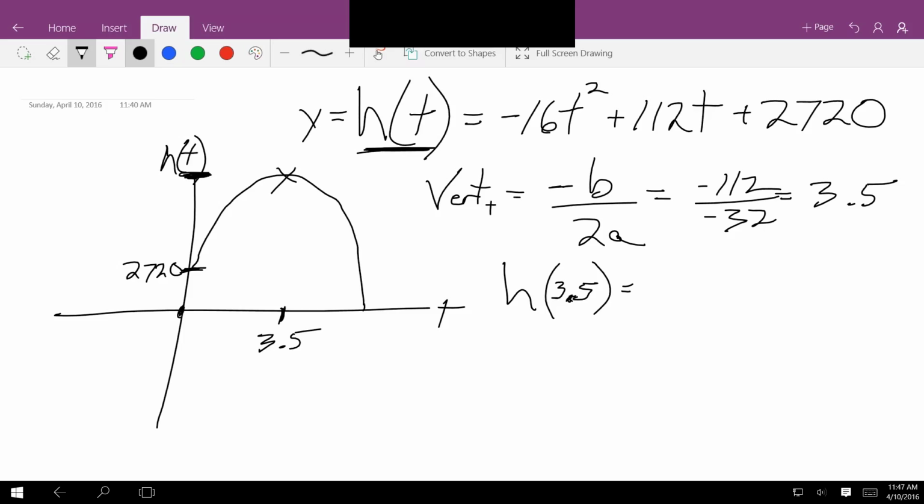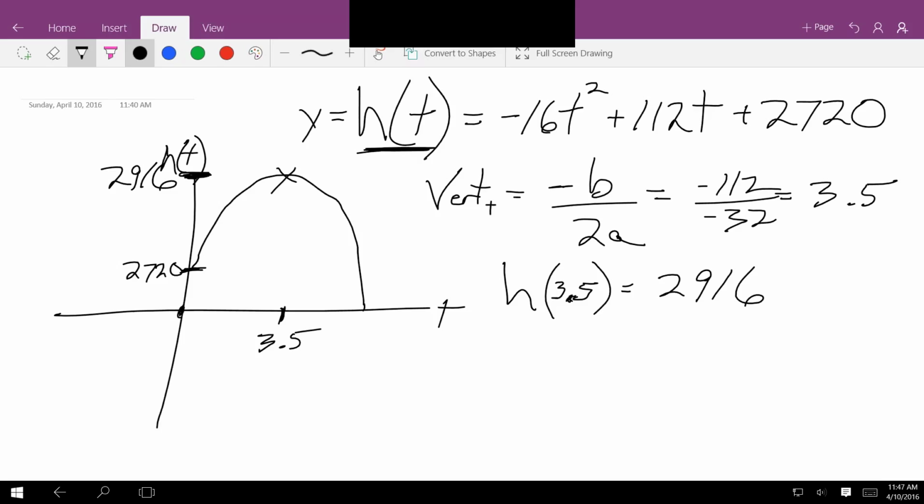I got 2916. How much? 2,916. Okay. So that's what that is. The only thing we know for sure is that it's got to be higher than 2720, right? Yeah. But then it asks when it hits the ground. Exactly.